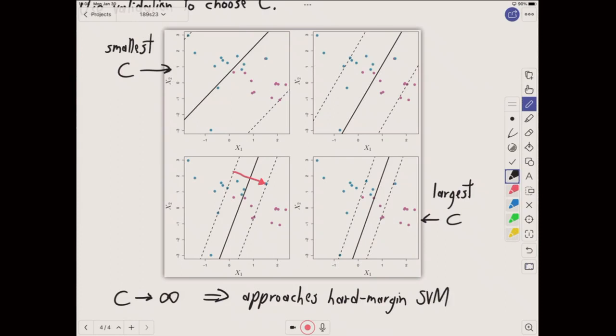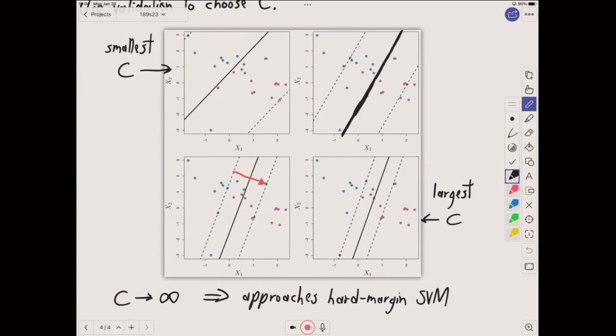So think of the hard margin as being one extreme of the spectrum where you set C all the way to infinity. Yes? So it seems like the black line is the decision boundary, and the diagonal line is the decision margin. That's right. What's the interpretation for data that's on the correct side of the decision boundary but inside the margin?